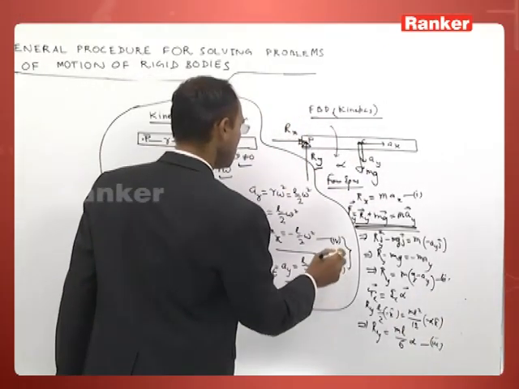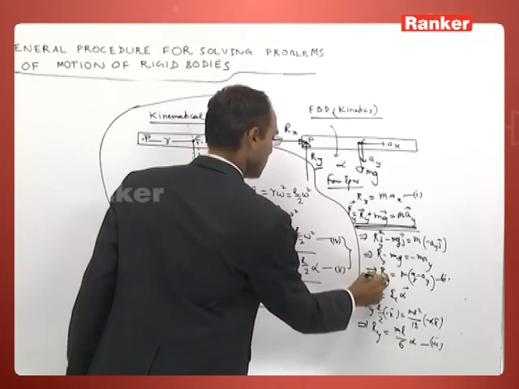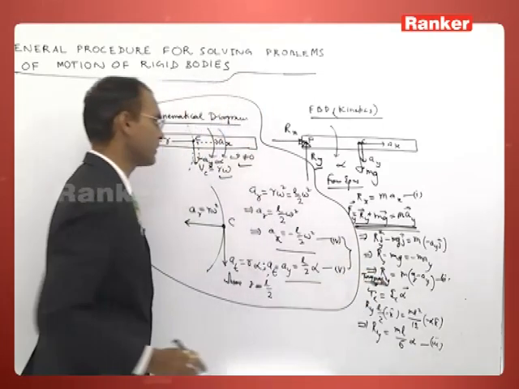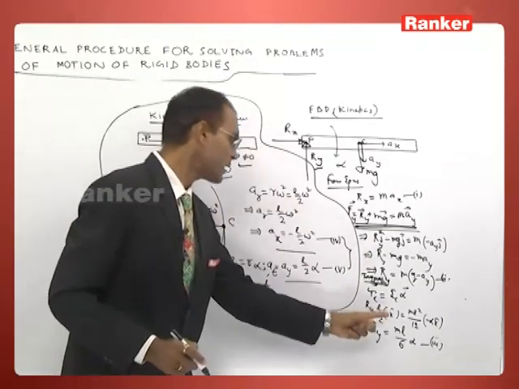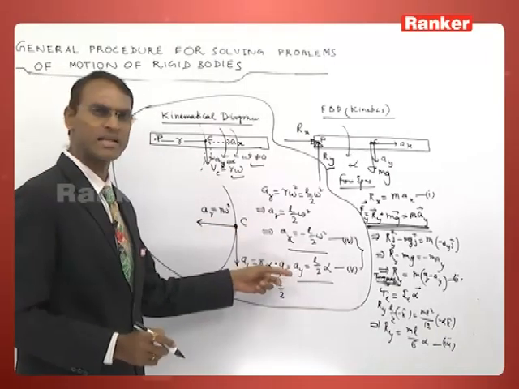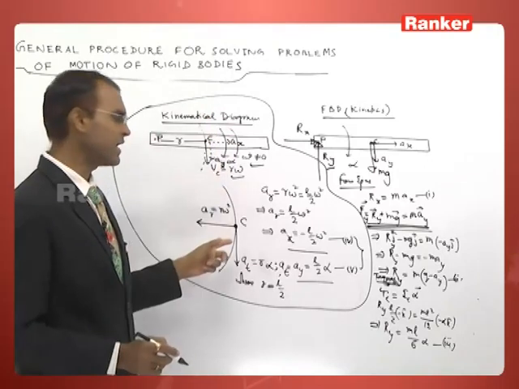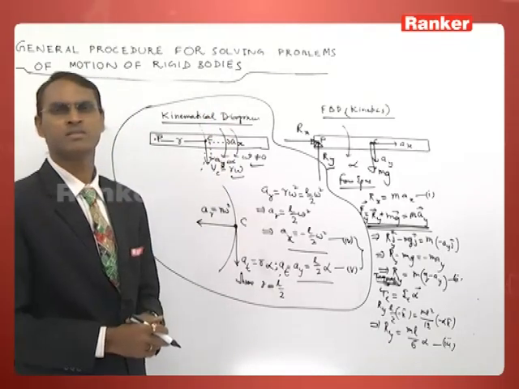So torque equation and force equation. Two force equations, one torque equation, 3 dynamical equations, and 2 kinematical equations along x direction, y direction, or radial direction and tangential direction. 2 kinematical equations.